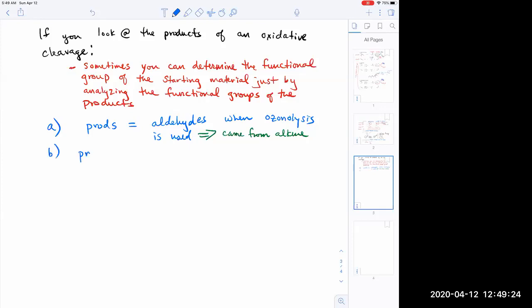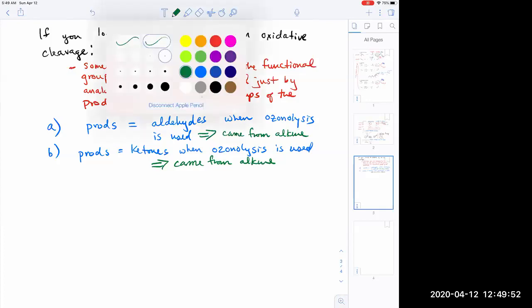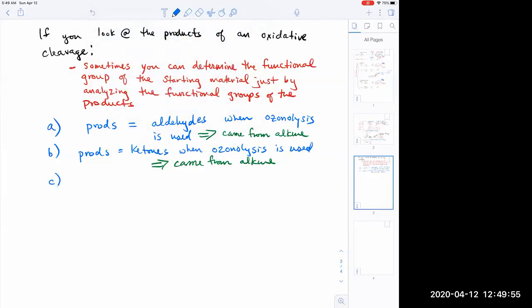If you saw that your products were ketones when ozonolysis was used, again, that also means that it came from an alkene. Okay, so think about how you would be able to tell if it came from an alkyne.